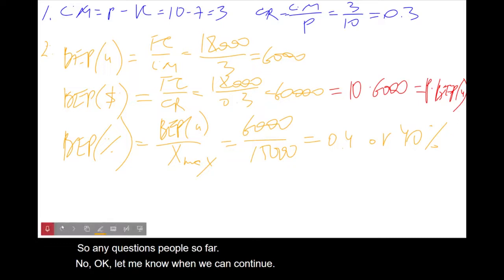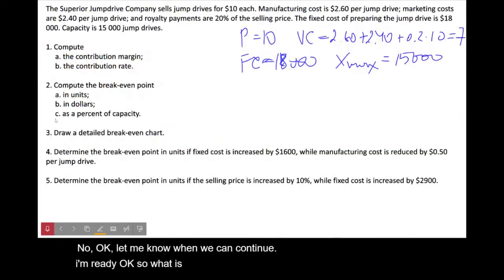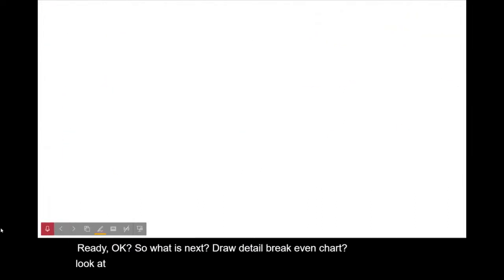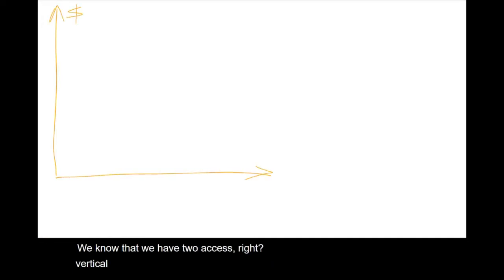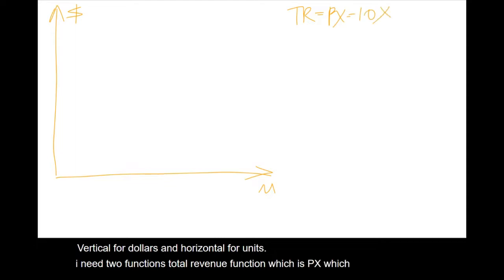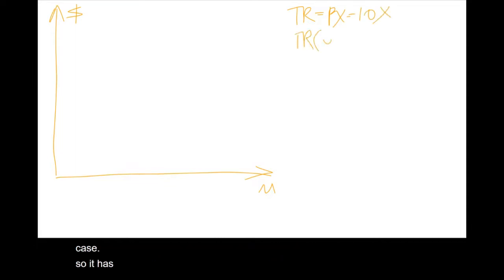Ready. Okay, so what is next? Next, draw a detailed break-even chart. To draw a chart, we have 2 axes: vertical for dollars and horizontal for units. I need 2 functions, first the total revenue function, which is PX, 10x in this case. It has to be calculated in 2 points.